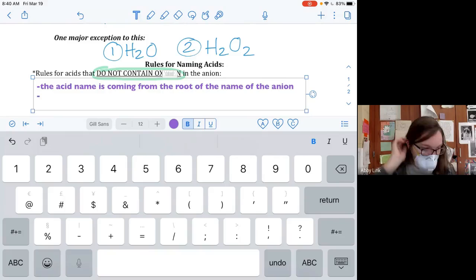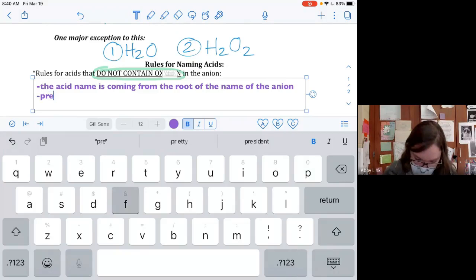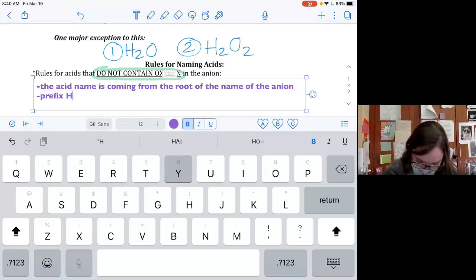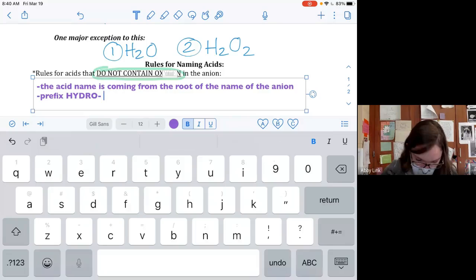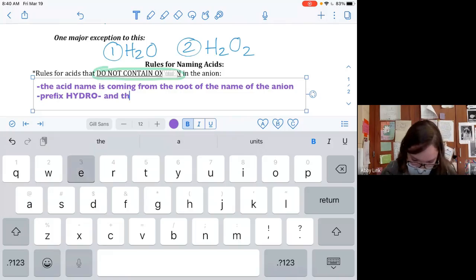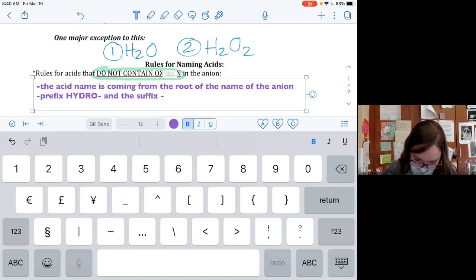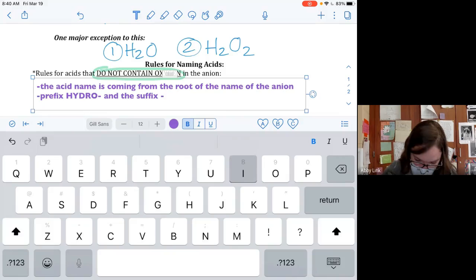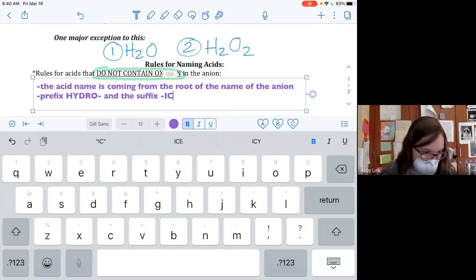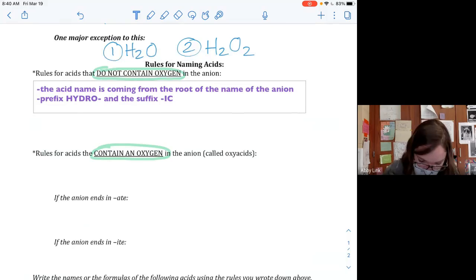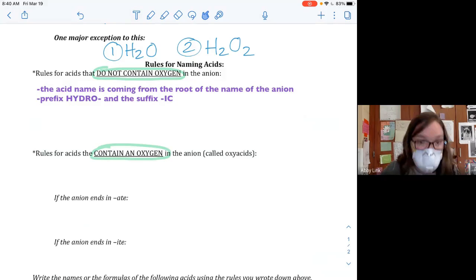We are going to add the prefix hydro and the suffix or the ending of ic, I-C. Again, remind yourselves here that the cation is already spoken for. It is hydrogen. So let's take a look at an example here together.